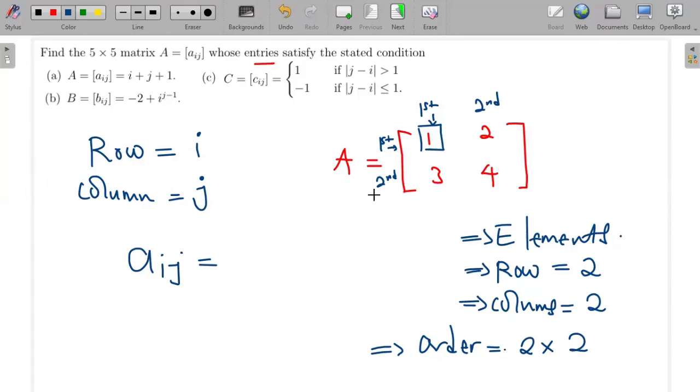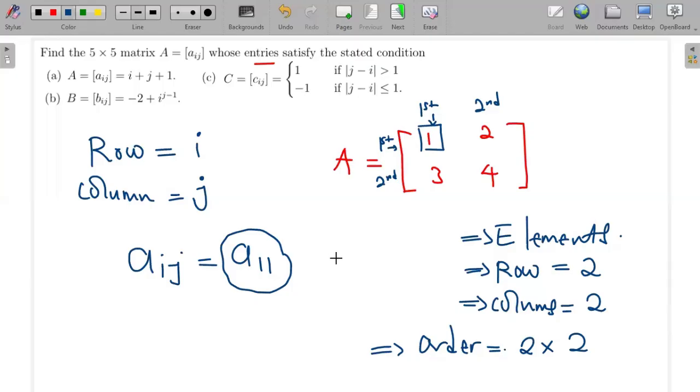You can see this one is in the first row. So I'll write a, and I'll replace the i, which represents the row number, by 1. And this element is also in the first column. So I'll replace the column number by what? 1. So this simply means this element here that I'm describing as a11 is the element in the first row and the what?